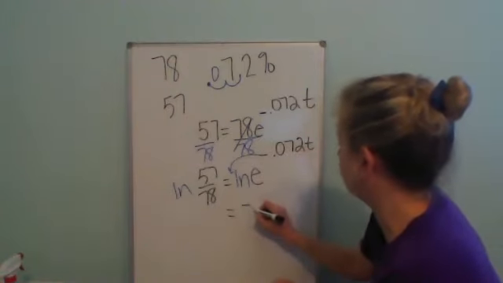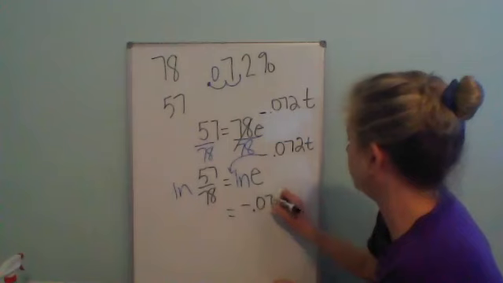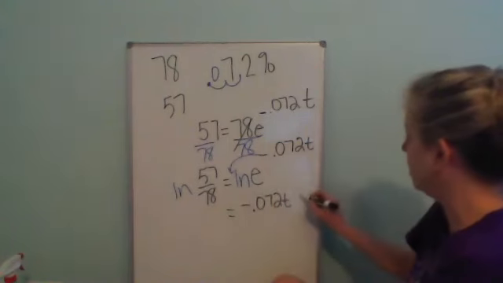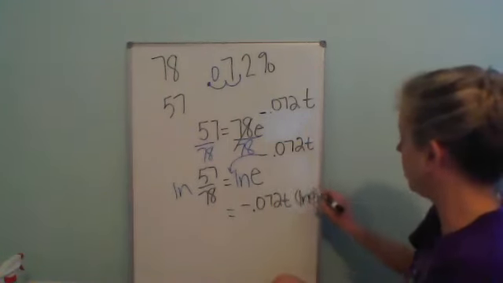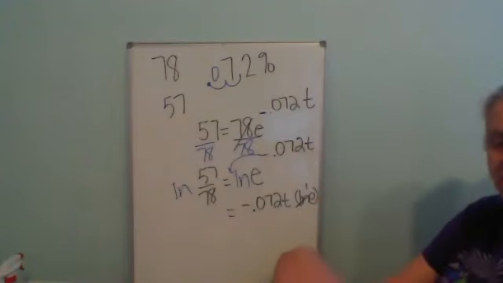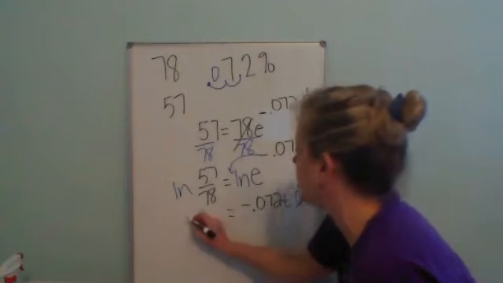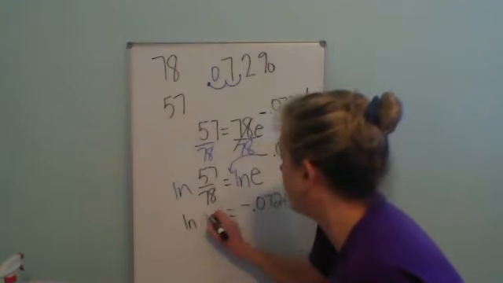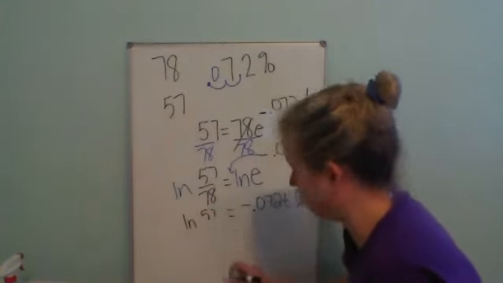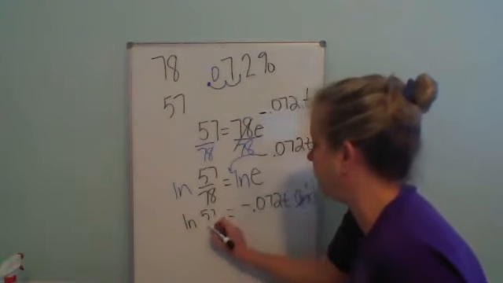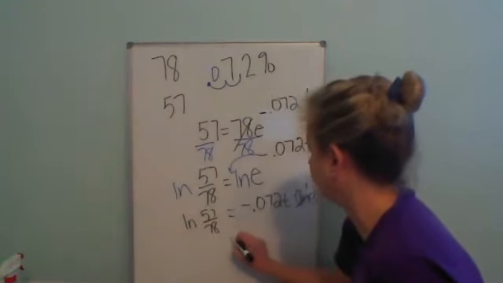I have negative 0.072t ln e. Again, that's 1, which means you don't need it. So all I have on the right is negative 0.072t. On the left, I have ln of 57 over 78.